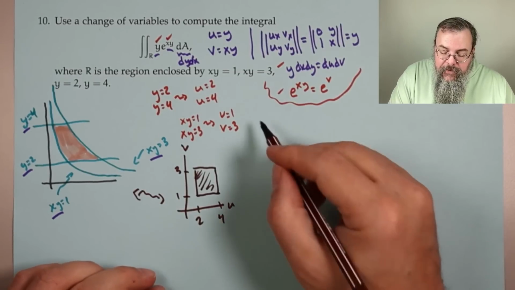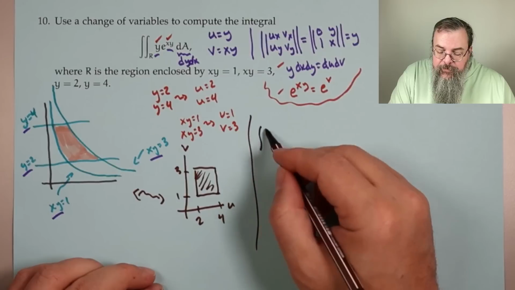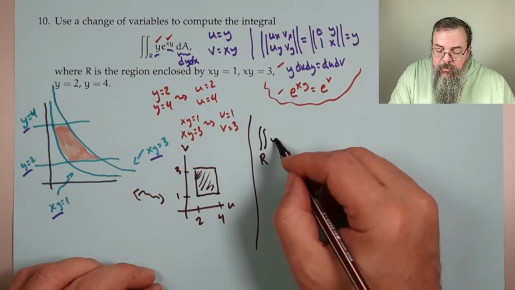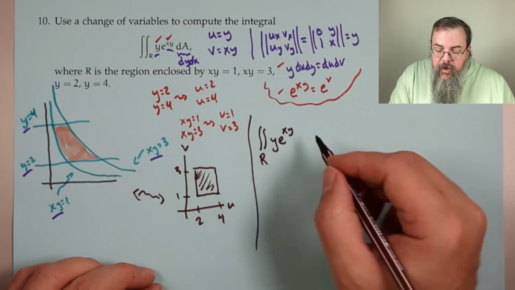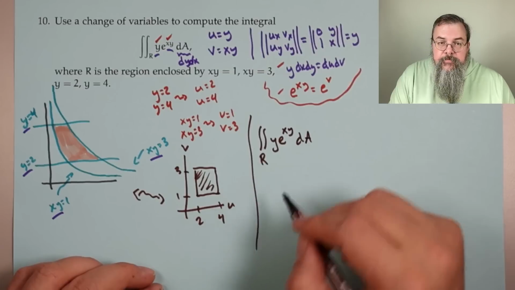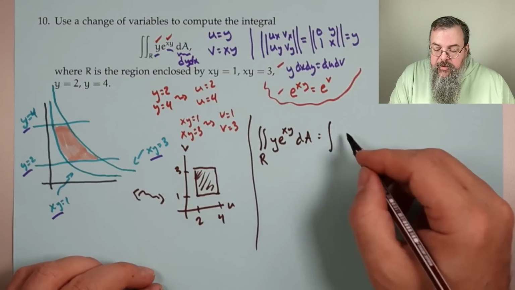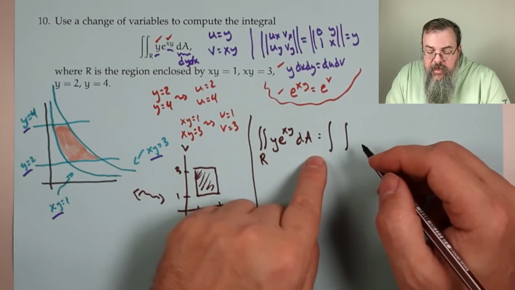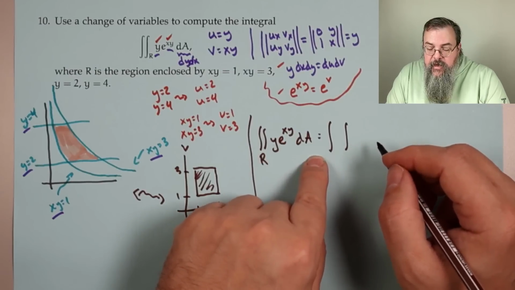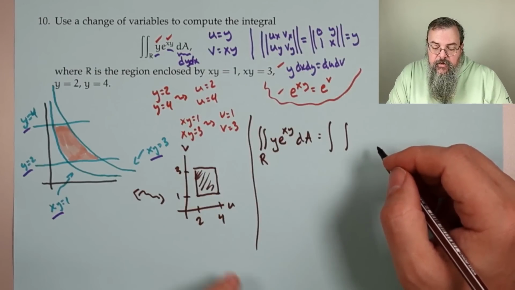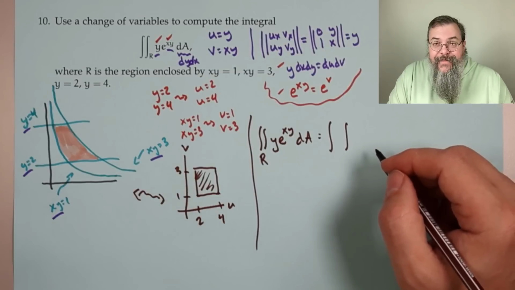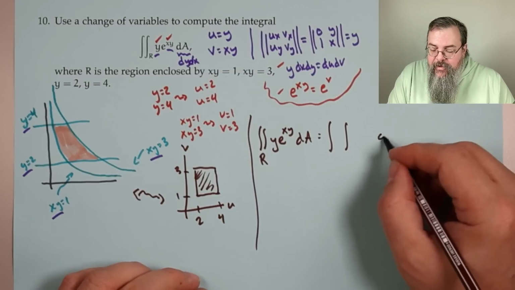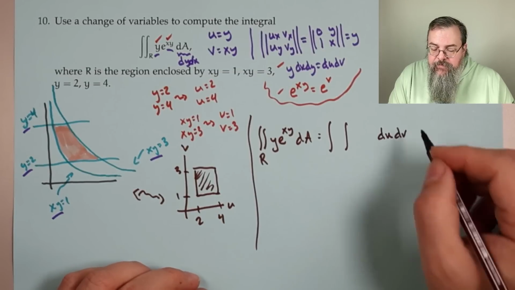Okay, so here we go. We have that the integral over our region of y e to the xy dA is going to be equal to the integral, and y dA is going to become our du dv or dv du. Now looking at our bounds, it doesn't really matter which one we do, so let's say du dv.